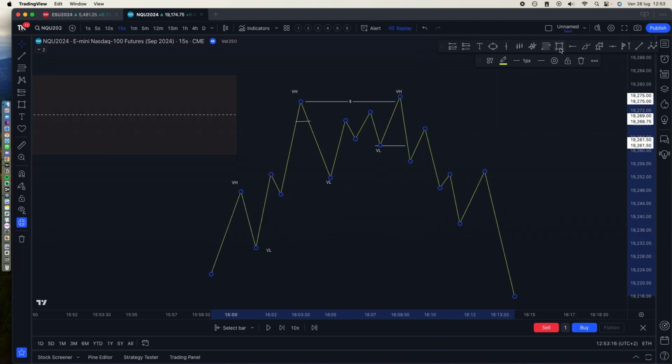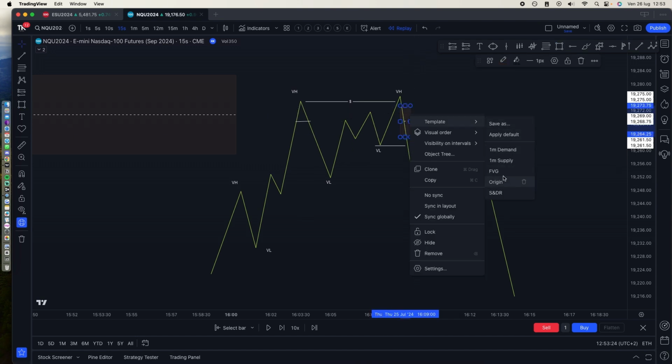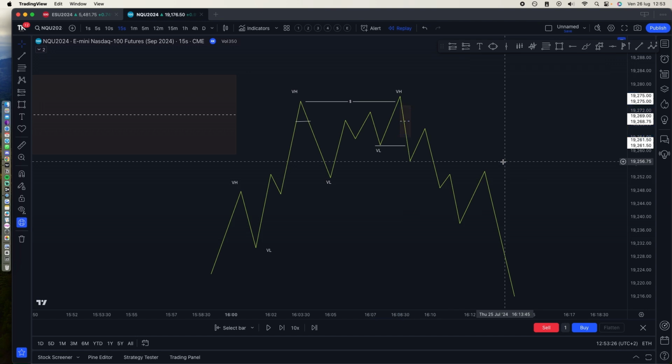What does it mean? It means that inside here we have bearish volume, a strong bearish pressure, and we have to trigger somewhere here.